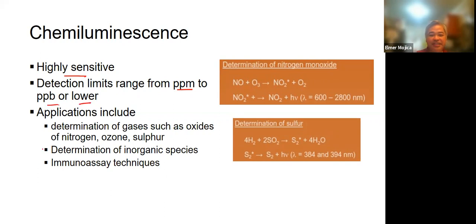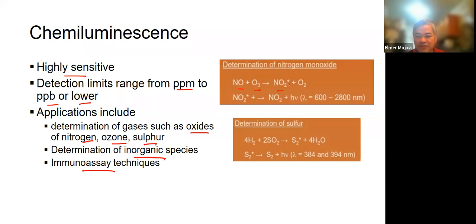Okay? And then the application would include the determination of gases such as oxides of nitrogen, ozone, and sulfur. You can also use it to determine inorganic species or the so-called immunoassay techniques. So if you're going to look at the reaction that you have here, these are just some. So we have NO and ozone.